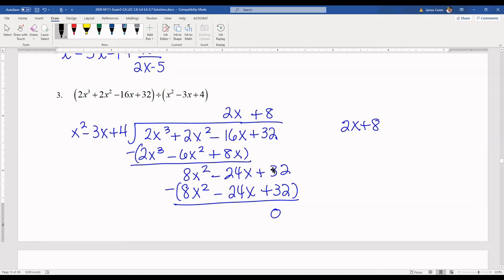We bring down the 32. Okay, to get 8x squared, we take x squared times 8. We distribute, and in this case, we have a 0 remainder. That means that 2x plus 8 is a factor of this equation.